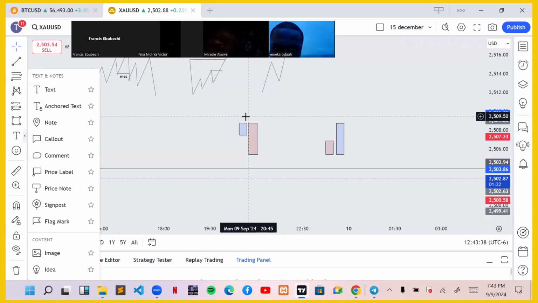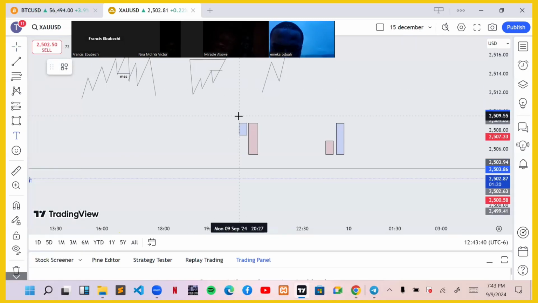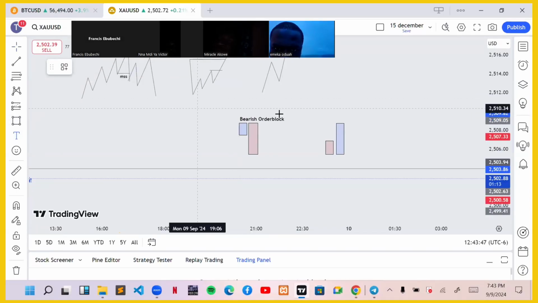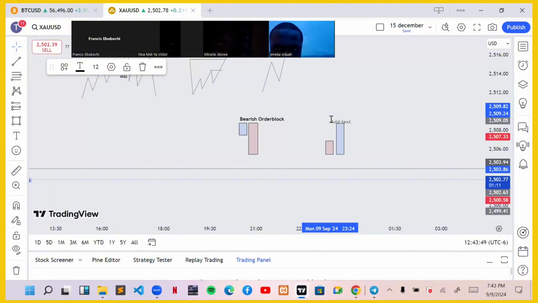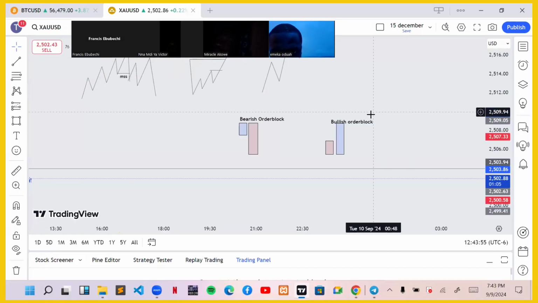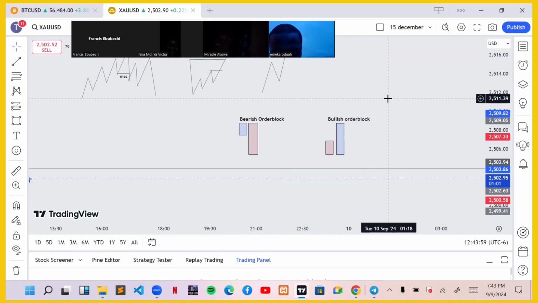So I'll mark it with bullish order block, bearish order block, then bullish order block, then bearish order block, bullish order block.